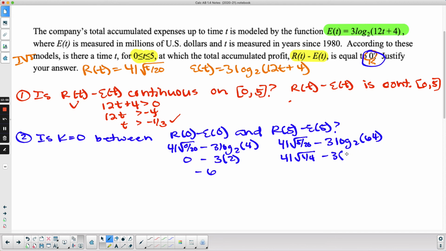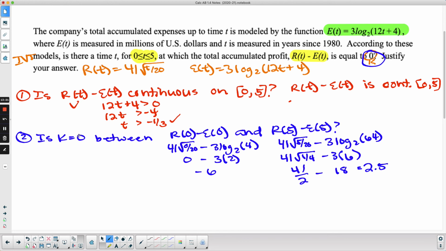So that's going to be 6. 2 to the 6th is 64. So this is 41 times 1/2. The square root of 1/4 is 1/2. So this is 41 halves minus 18. And I believe 41 halves minus 18 is 2.5.